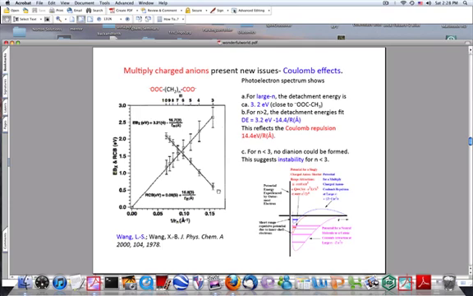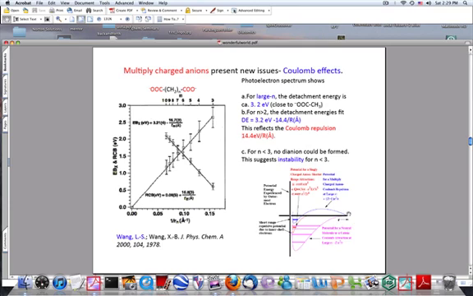Another thing, though, that I want to stress here is that there isn't any data for fewer than 3 methylene units. Why? Because they couldn't form the dianion with 2 or 1 methylene unit in there. That suggests that there's something unstable about the dianion when you go to 2 methylene units. For example, this suggests that the electron binding energy, if I were to extrapolate that out and go to 2 units, might actually be below 0.